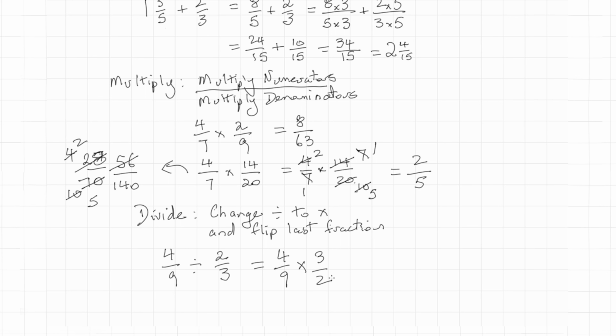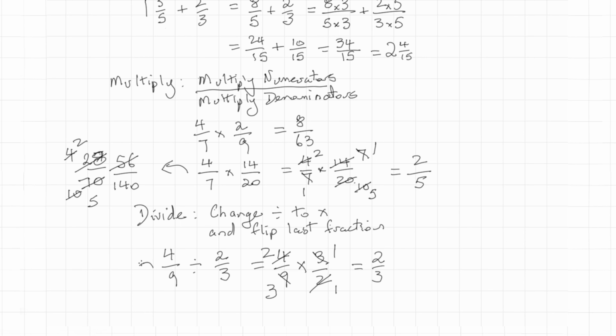And now we just proceed as though it's a multiplication. We can either multiply out and then cancel, or we can look at trying to cancel. Nothing will cancel top and bottom, but we can do diagonal cancelling. We can see that 3 will divide into both those numbers evenly, and we can see 2 divides into both those numbers evenly. So we get an answer of 2/3.